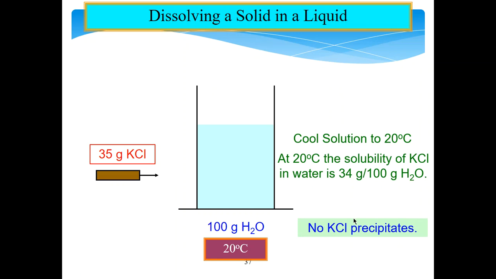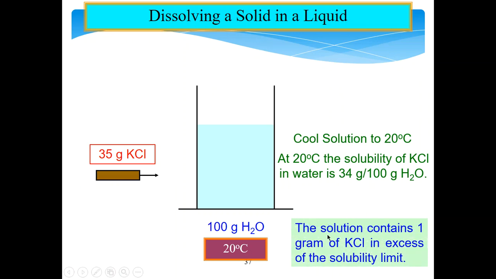Now, this might sound counterintuitive, especially since the solubility of potassium chloride at 20 degrees is 34 grams per 100 grams of water. But if no potassium chloride is precipitating, that means the solution contains 1 gram of potassium chloride in excess of the saturation limit.